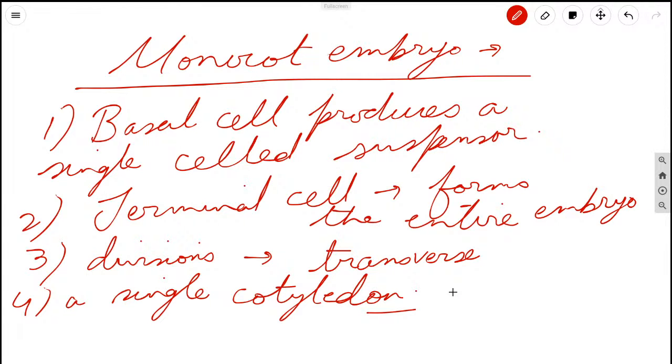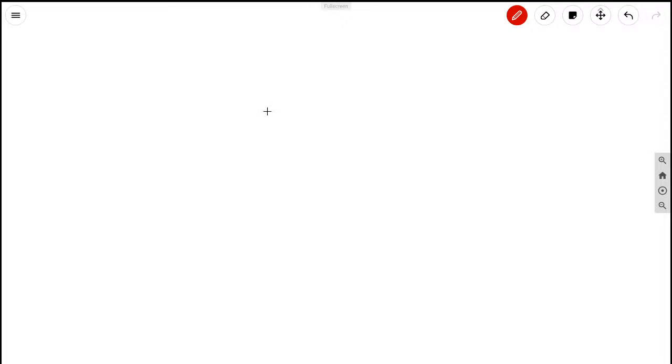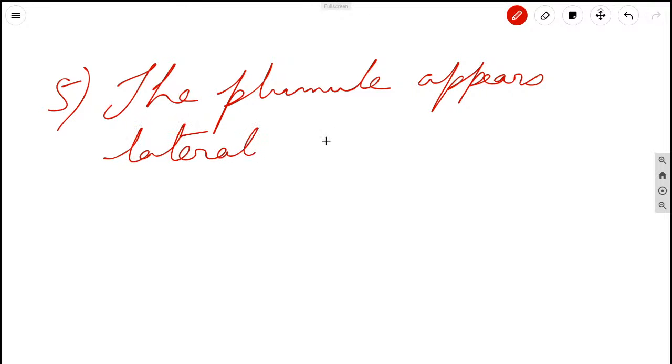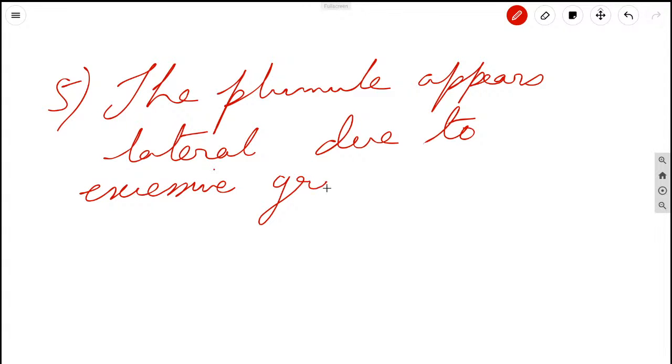And the fifth point regarding the plumule, the plumule appears lateral due to excessive growth of the single cotyledon present.